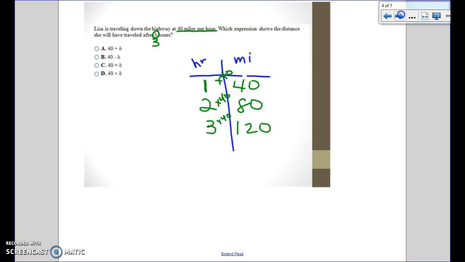To figure out for 3 hours, I would take 3 times 40. And so in this case, when 3 is really h, I'm going to take h times 40, or 40 times h. So in this case, we're going to say D, 40 times h. Whatever hours we decide, we can always multiply it by 40 and figure out how many miles we've gone. All right.